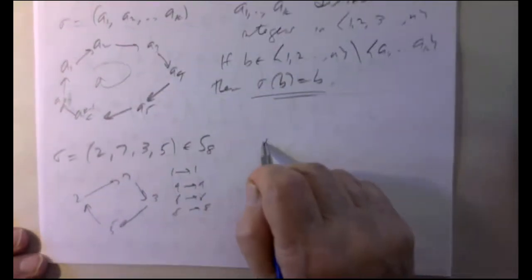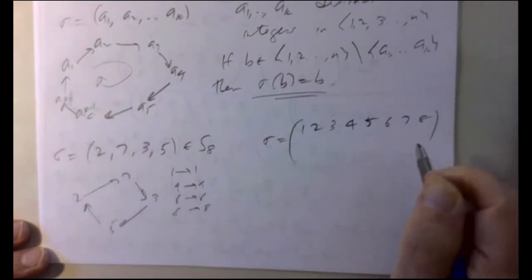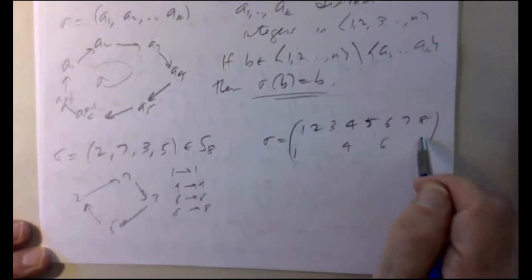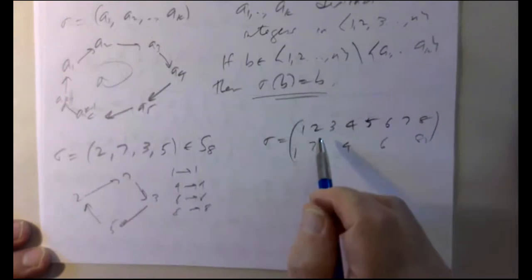So if we wanted to write sigma in the standard form, as this 2 by 8 matrix, 1 goes to 1, 4 goes to 4, 6 goes to 6, 8 goes to 8, but 2 goes to 7, 7 goes to 3, 3 goes to 5, 5 goes back to 2.